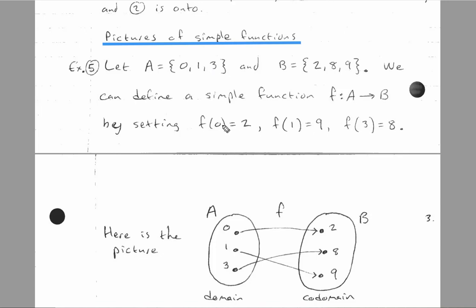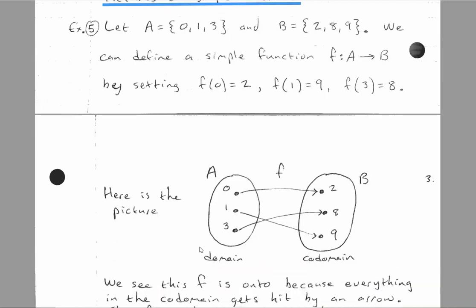All right, so we made a good function. Each element in the domain is getting sent to a unique element in the codomain. And here's the picture. Here's the domain A, here's the codomain B, with their 3 elements each.